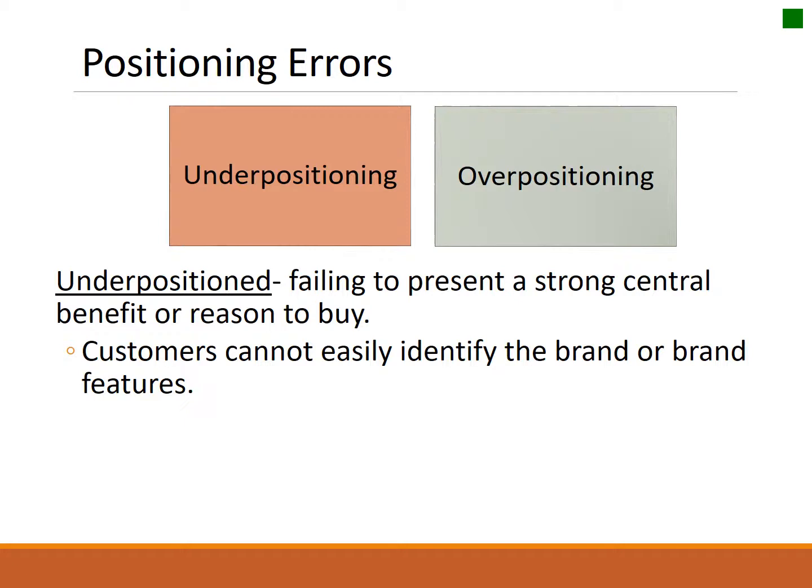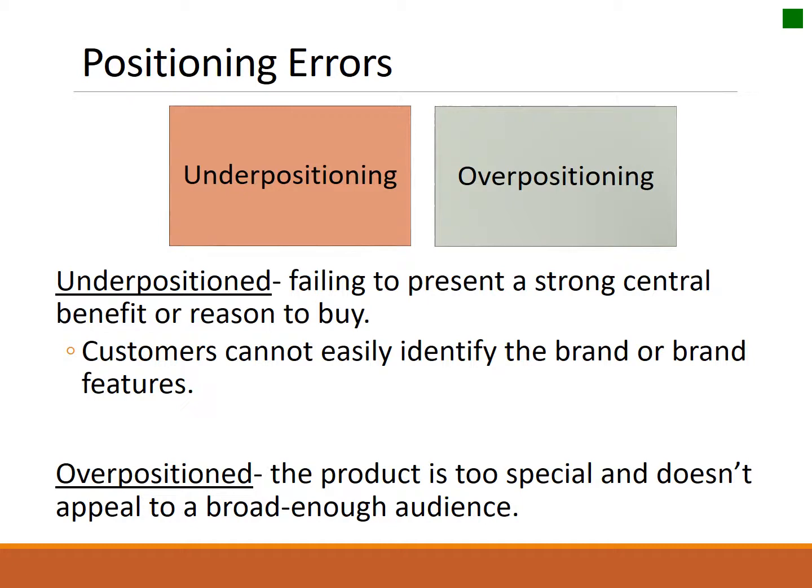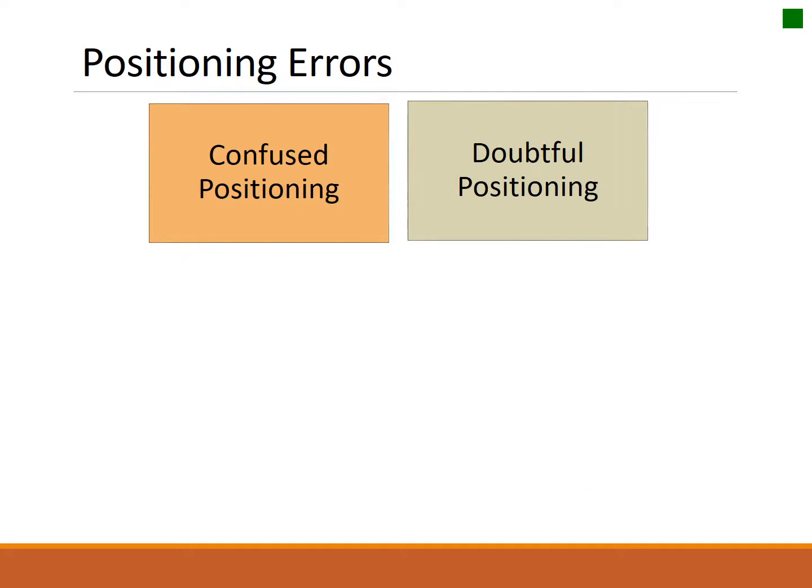So when you under-position, it means that your product is too generic for the particular market, and nobody really knows that it's for them. When you over-position, it means that you position too strongly or too narrowly. So over-positioning is too narrow of a focus, and under-positioning is a focus that's not strong or clear enough.